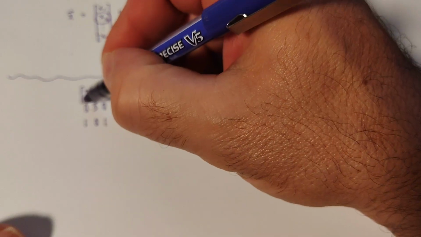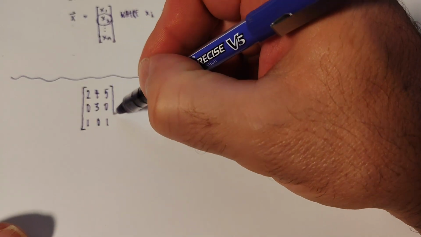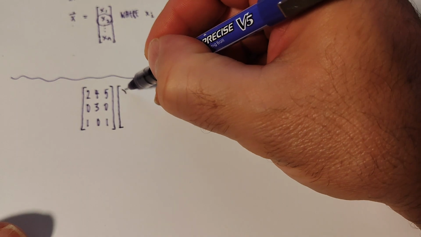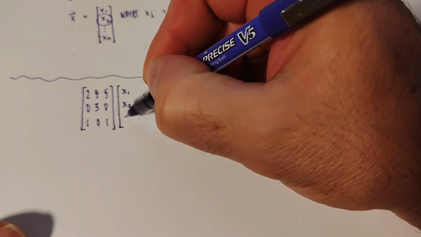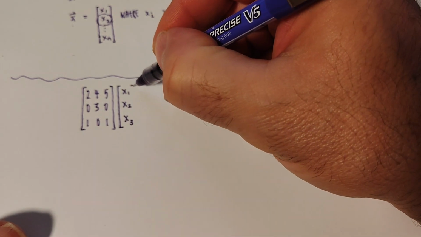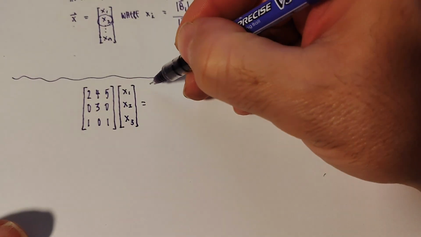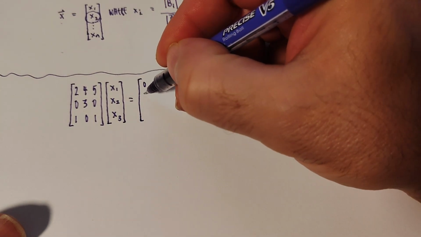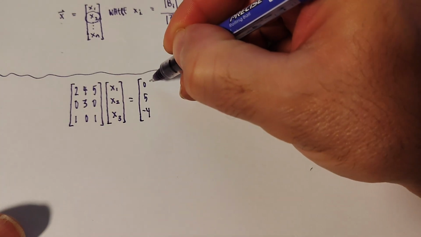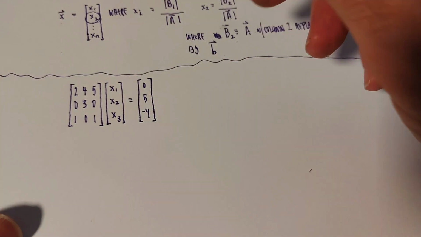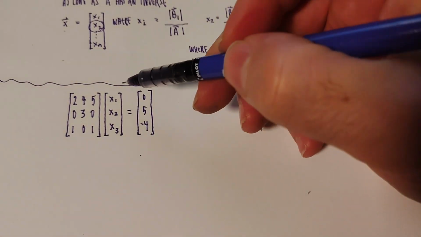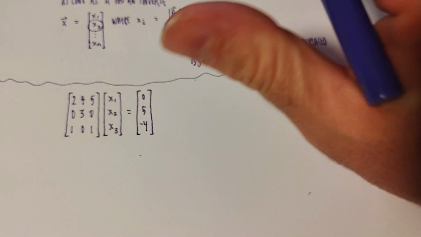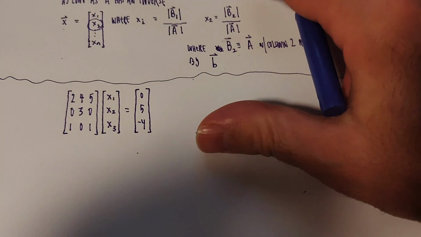So that's matrix A, times vector x, so x1, x2, x3, is equal to vector B, which is 0, 5, negative 4. We've worked with this system before, so we know what the solution for x1, x2, and x3 are already. We just want to use Cramer's rule to solve for that.